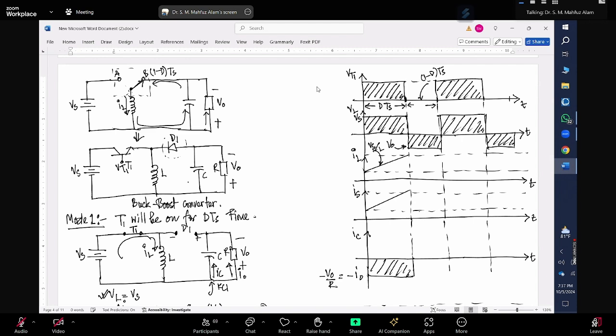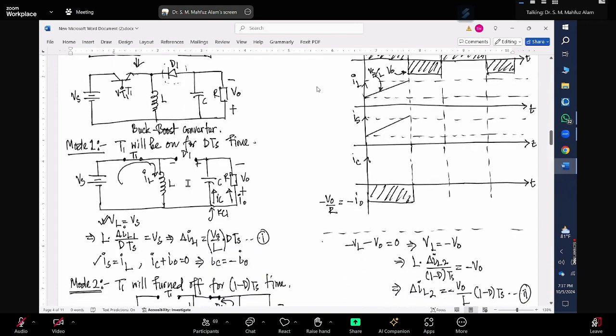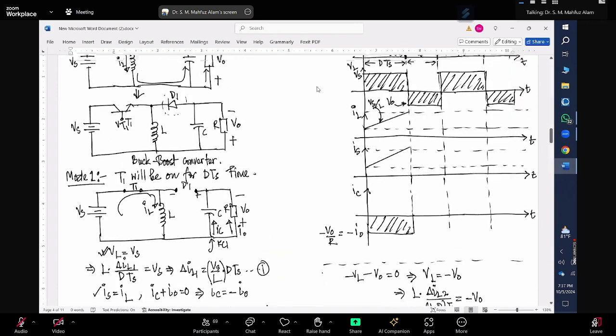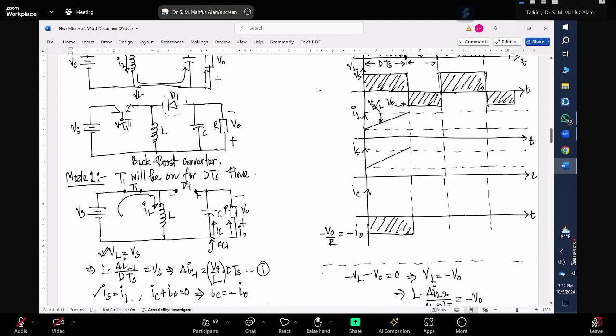The top voltage will be Vs and the bottom voltage will be V naught. Since the current slope is negative, the inductor current will discharge from this point, like this. And again, this sequence will repeat.